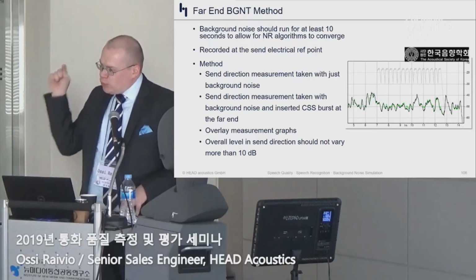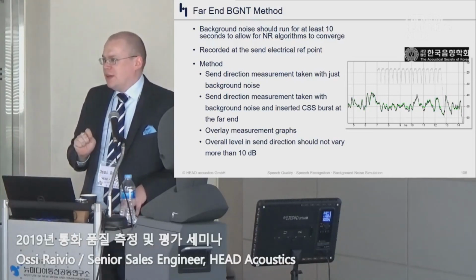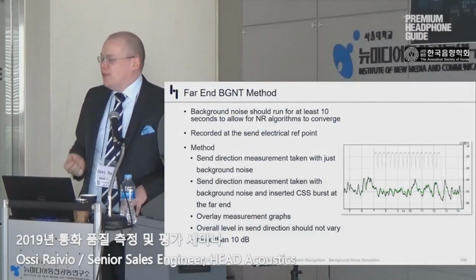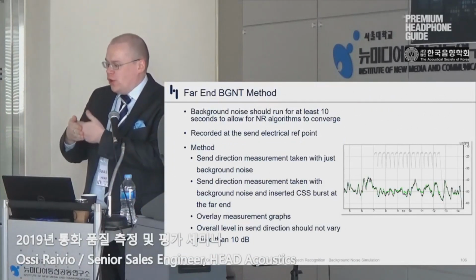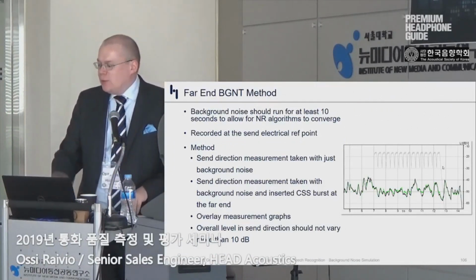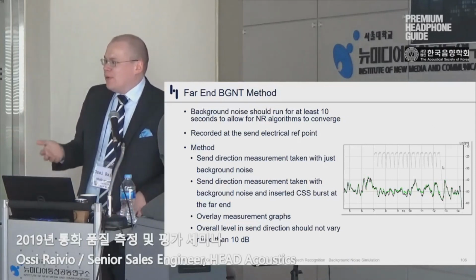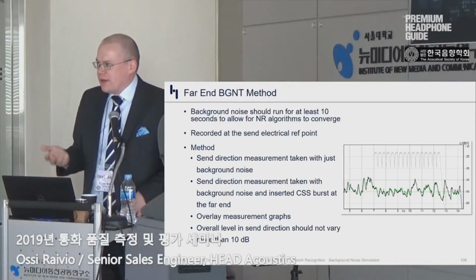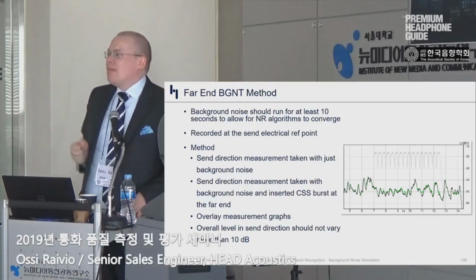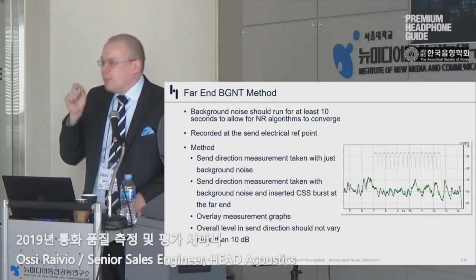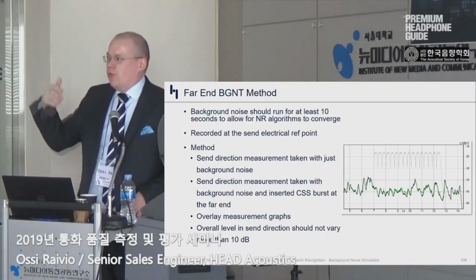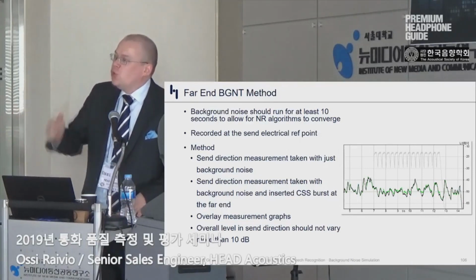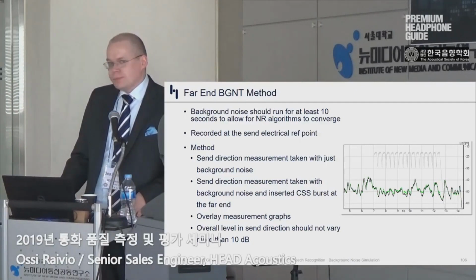Then we put the far-end signal into the device under test, and we run the same test. We overlap these two curves and look at what happens to the background noise transmission when we have a far-end signal going on. Basically, what we are asking is, what is the effect of the echo canceller on the background noise transmission?